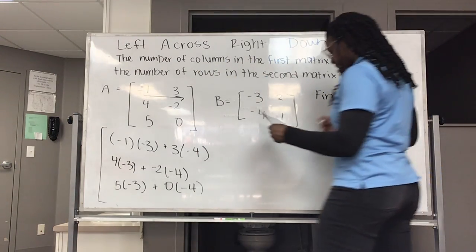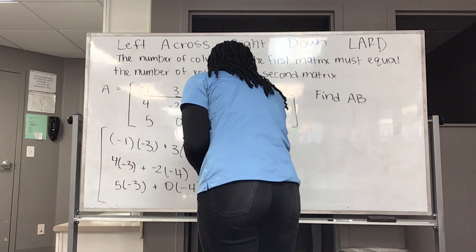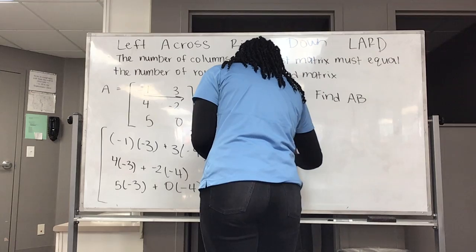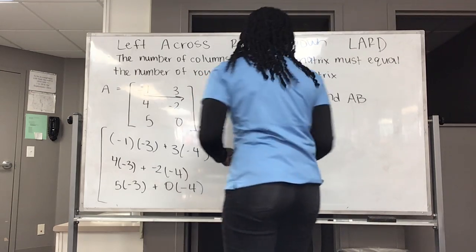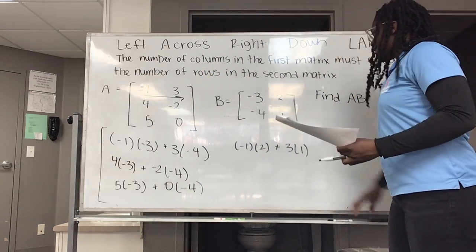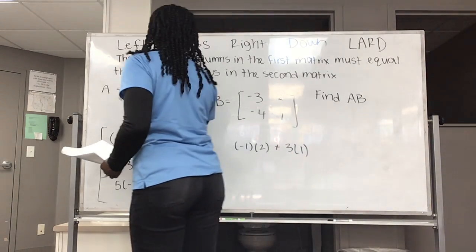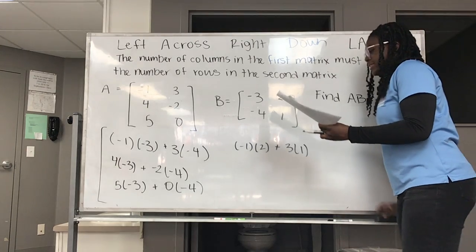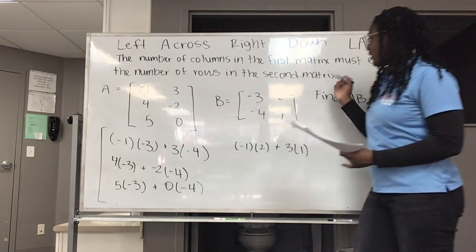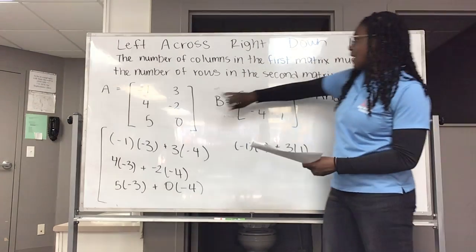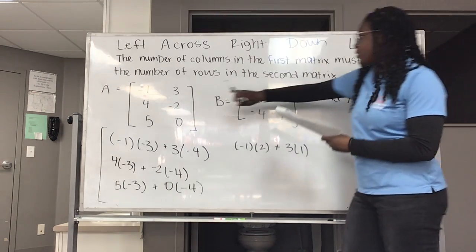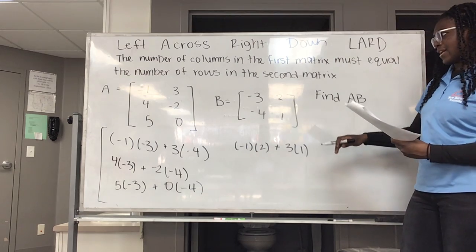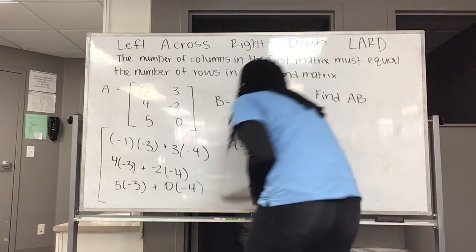And then my next column, because I'm doing the right, we're going to multiply downwards. So I do -1 times 2, and then I'll do 3 times 1. So we move down. Before we moved across, and now we're moving down.